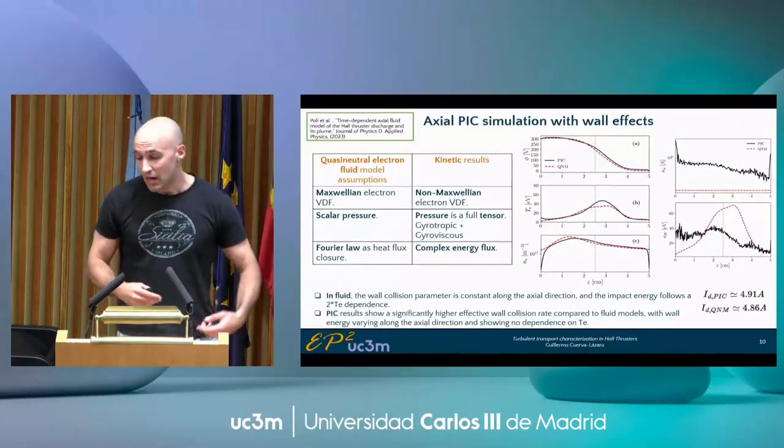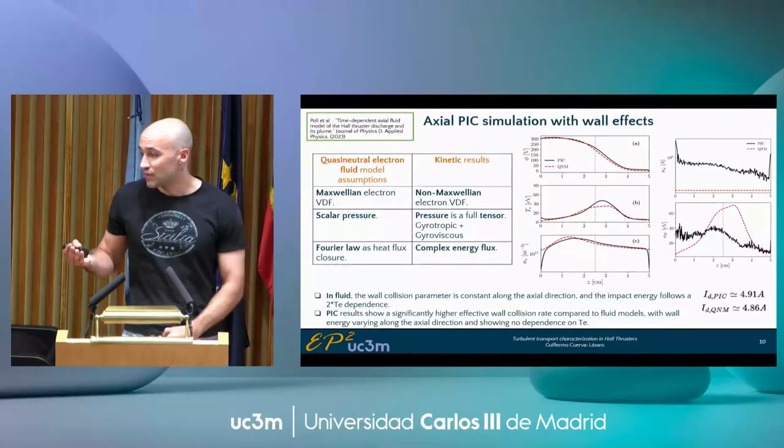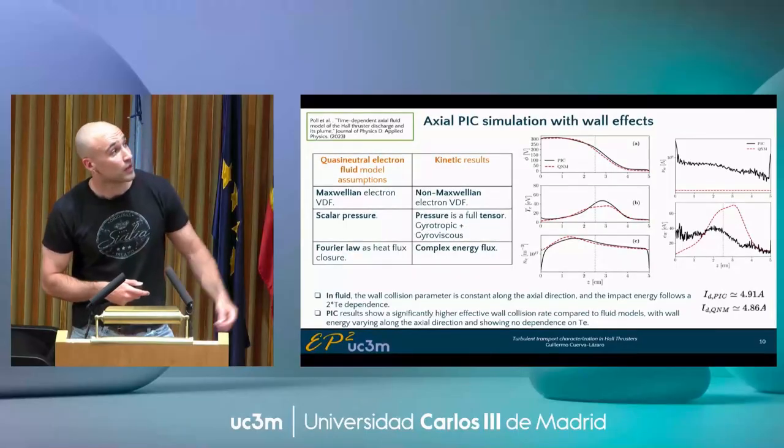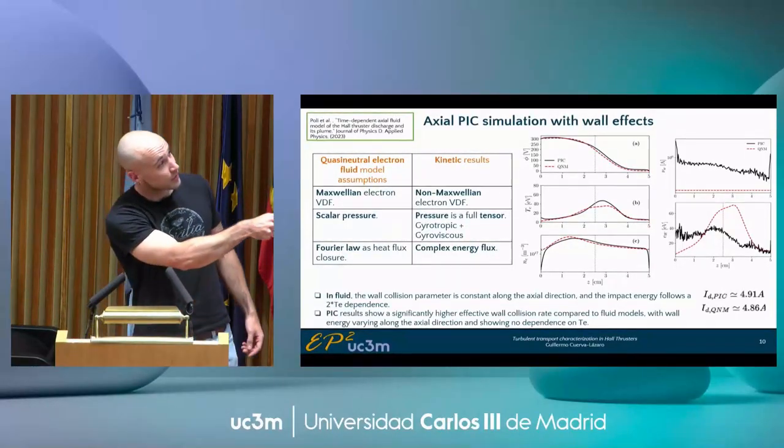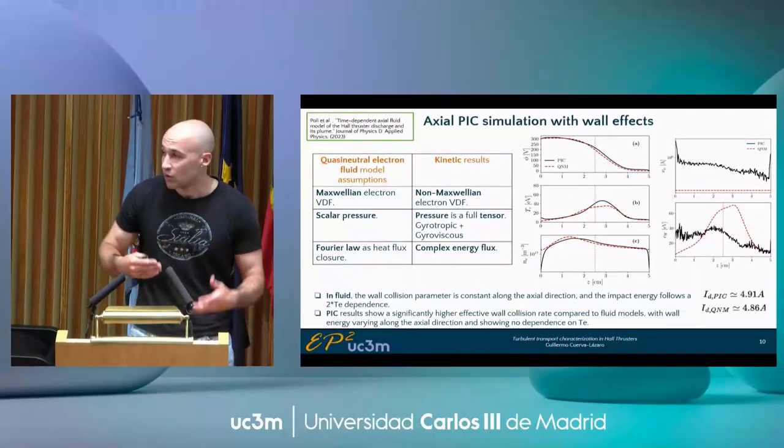Also, the energy of the impact of the electrons on the wall in the fluid model follows a 2T trend, which is this plot over here, whereas in the PIC it is a more complex phenomenon.